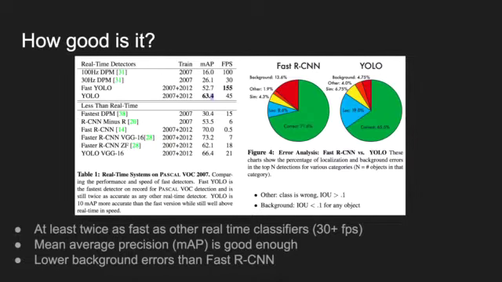the comparison in this slide shows that for real-time systems at that time, they only found two DPM models, a 100 Hertz and a 30 Hertz model, that were trained on the 2007 Pascal data set. The accuracy of the 100 frames per second DPM model was just terrible.